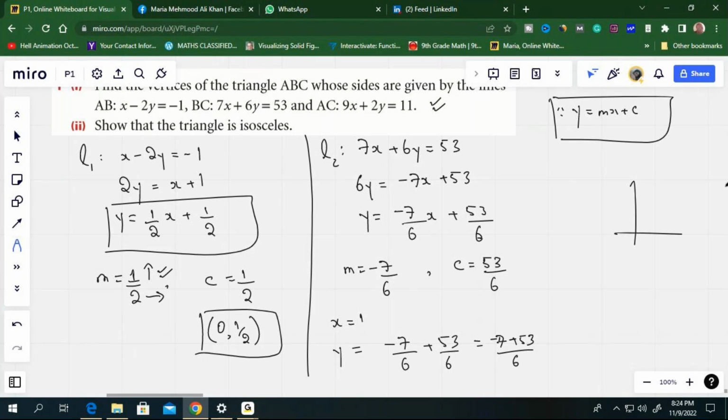What exactly does it give? It gives 46 upon 6. So it is also not giving a whole number answer, it is giving a decimal: 7.666 and so on.